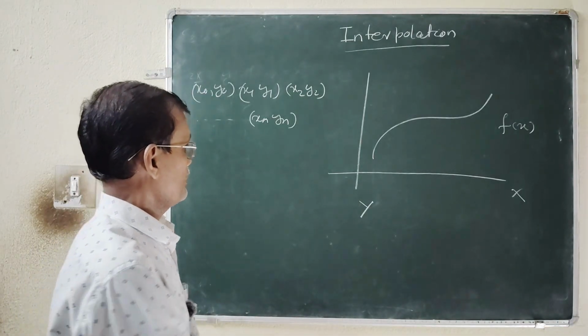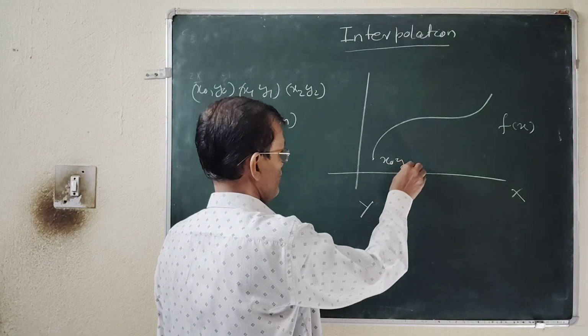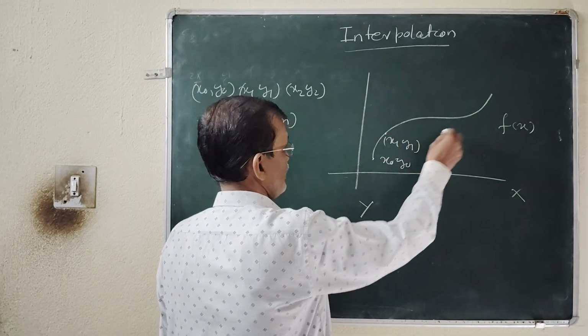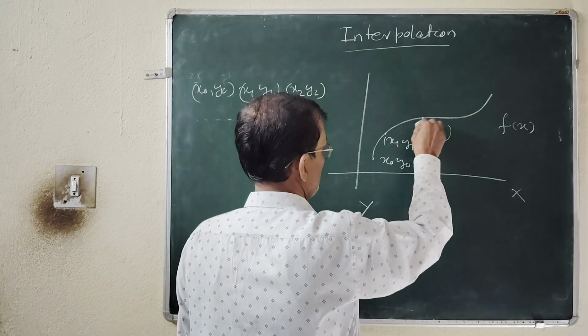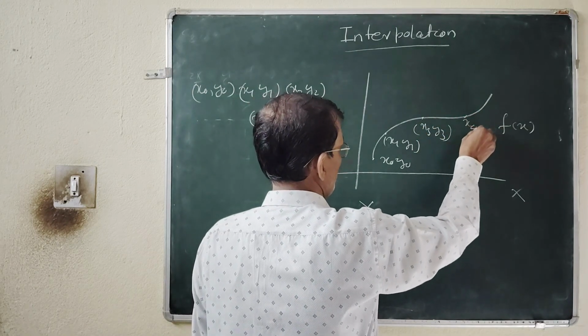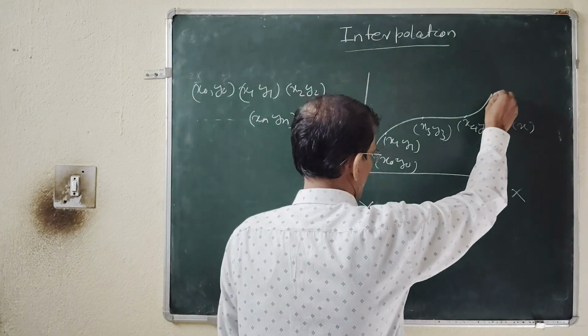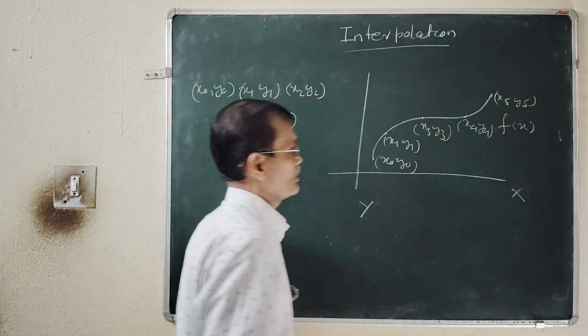Then this is the point (x0, y0), this is the point (x1, y1), this is the point (x3, y3), this is the point (x4, y4), and this is the point (x5, y5), right?